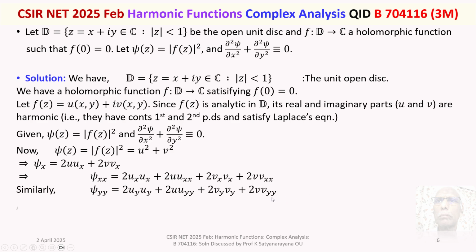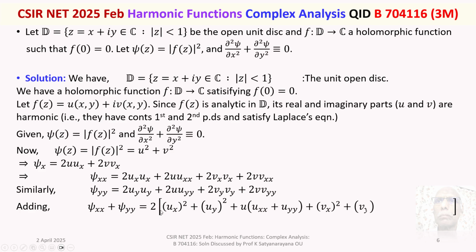Now adding. If you add, you will get psi xx plus psi yy is equal to 2 is common, u x square plus u y square, plus 2 is taken out, u taken common between these two, u into u xx plus u yy in brackets, plus v x square plus v y square plus v into v xx plus v yy.